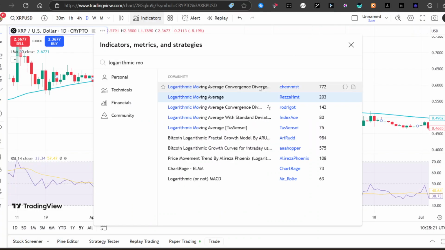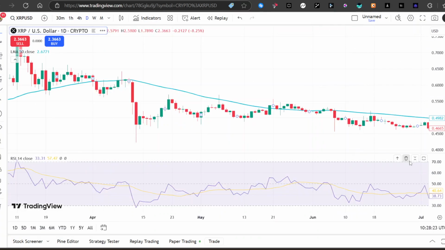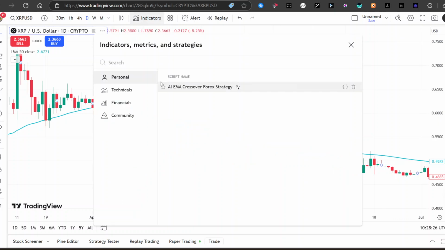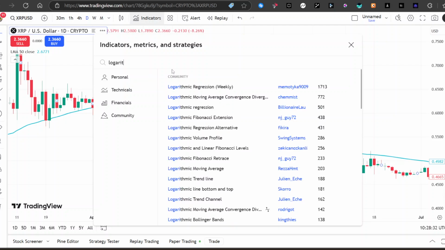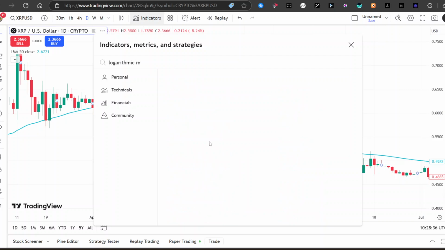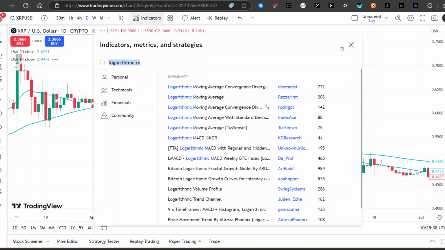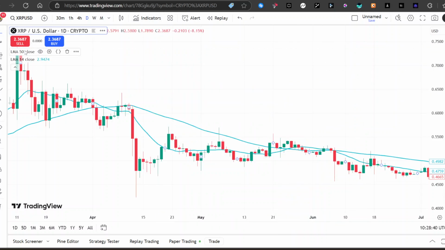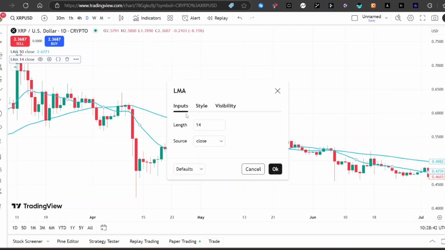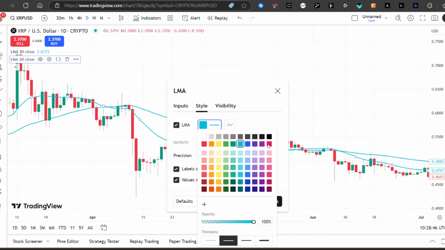So I'm just going to be adding another logarithmic moving average with a smaller period, since I already added the one with the 50 period. As you can see, this was the 50 period. So I'm just going to set this one to be 20.